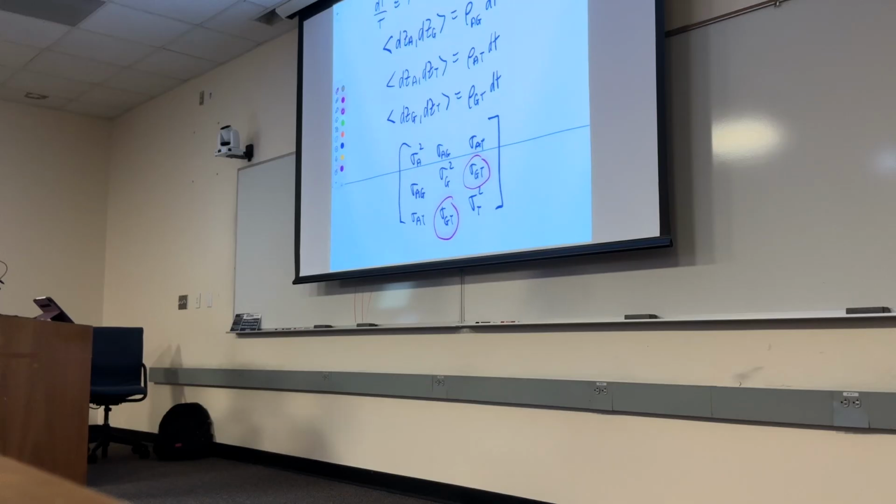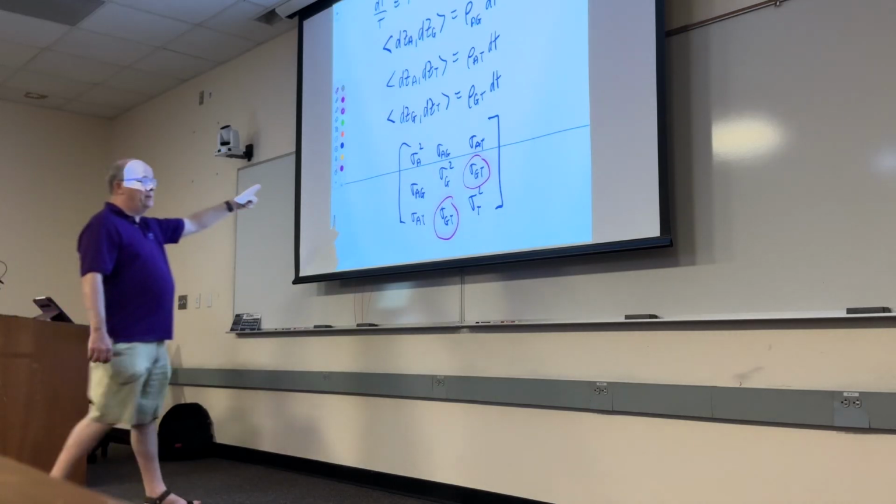So how many unknowns are there to determine in this? There were 3 assets. How many correlation pairs are there? There's 6. Close. So first of all, there are 9 elements to the matrix.